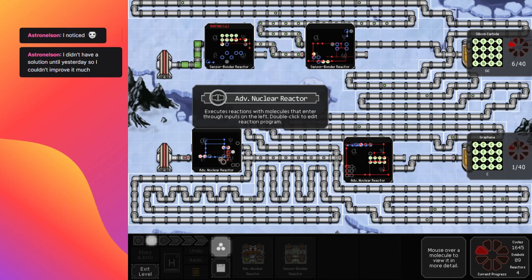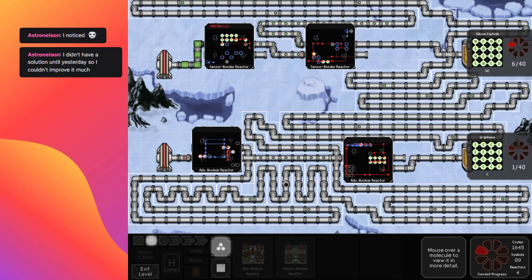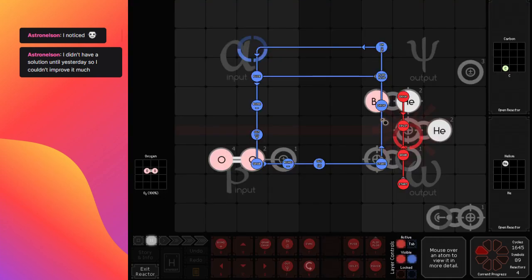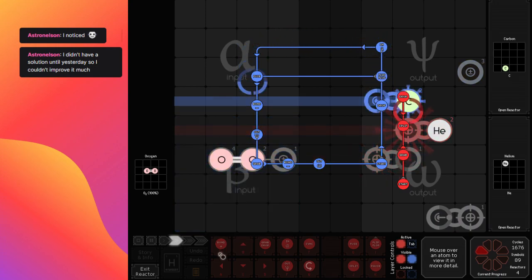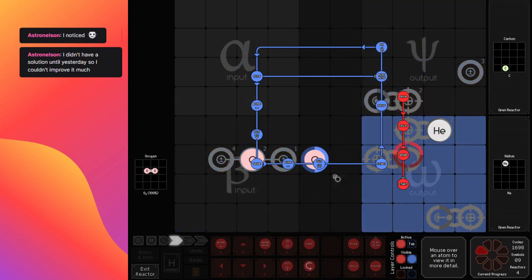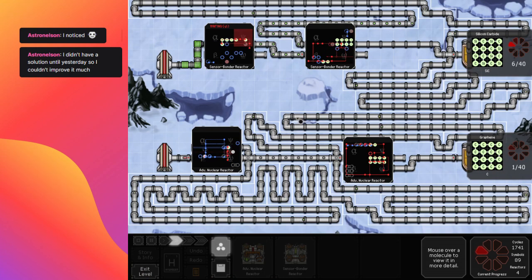And I believe with how this reactor is designed, if this carbon backlog actually gets over here, it might crash. So that's always fun. Yeah, because there's no synchronization between the blue and the red here, which is interesting.